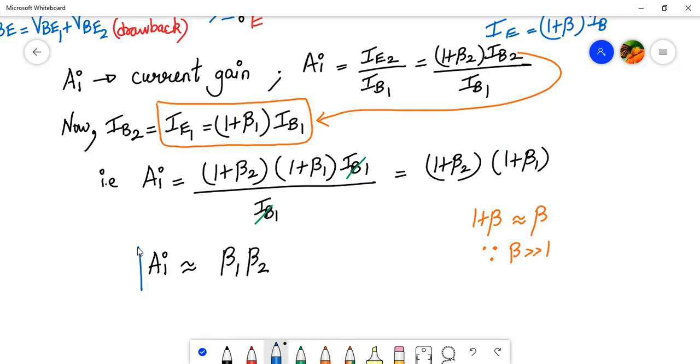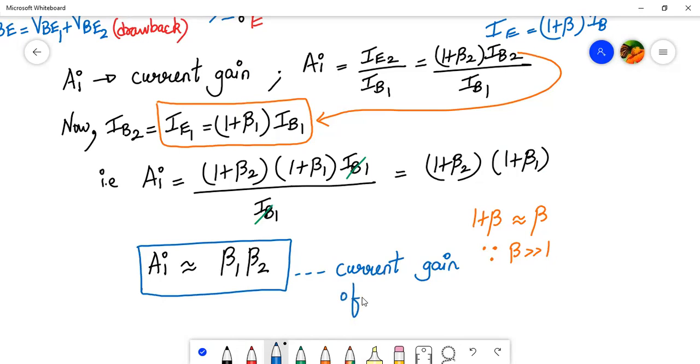So this is the formula for the current gain of Darlington pair transistor. It's famously called Darlington pair. Its current gain is of a very high value.